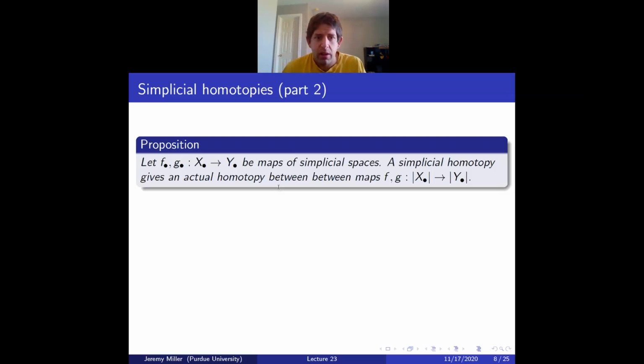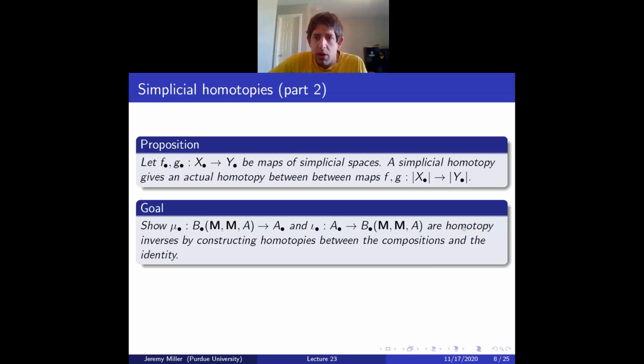The proposition is that if you have maps of simplicial spaces, then a simplicial homotopy between F and G gives you an actual homotopy between the maps on geometric realizations. So that's what we want.